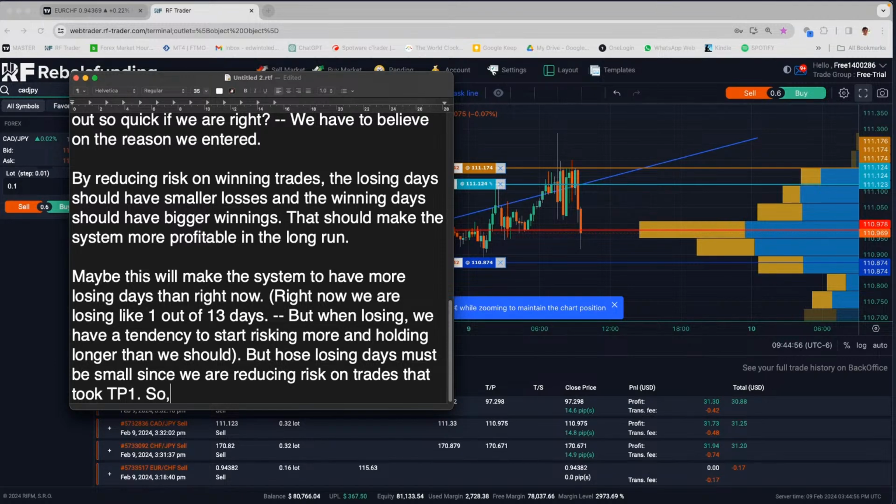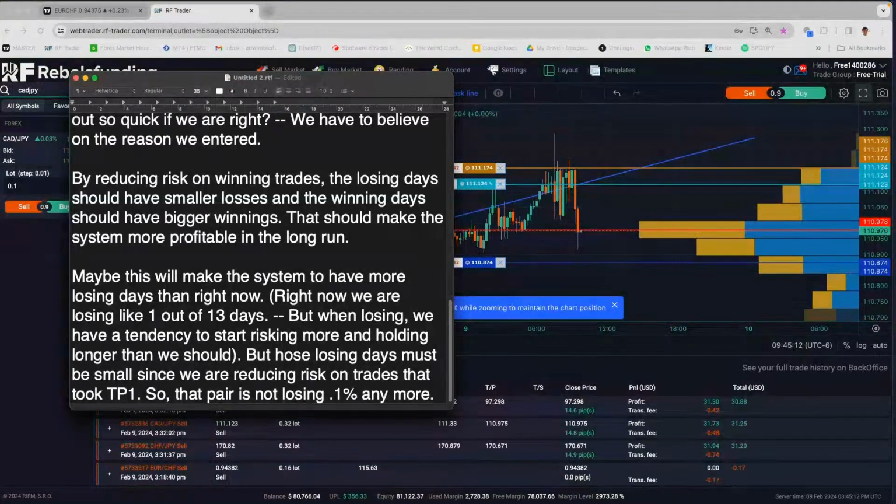So on that pair, we're taking 4 entries on each pair in the same direction, 4 twin trades, and those equal 0.1%.